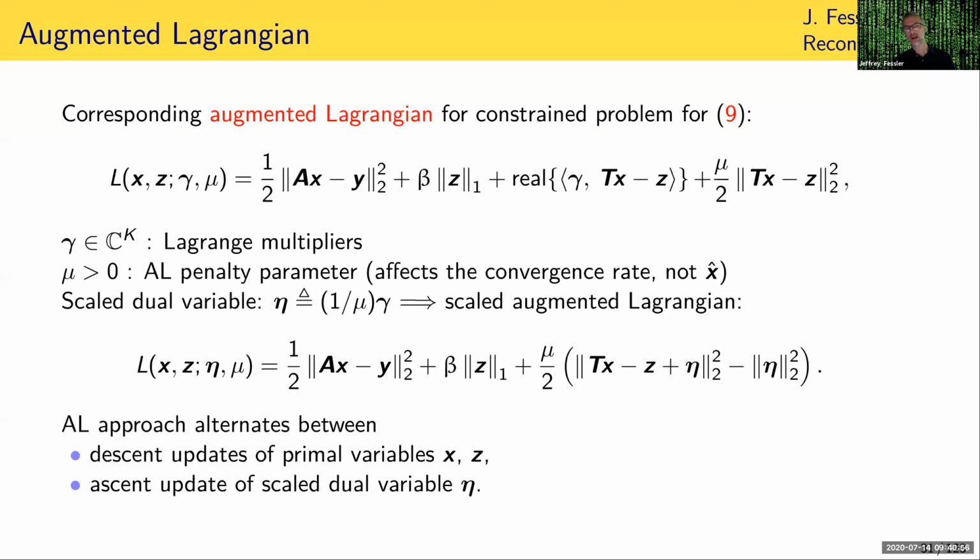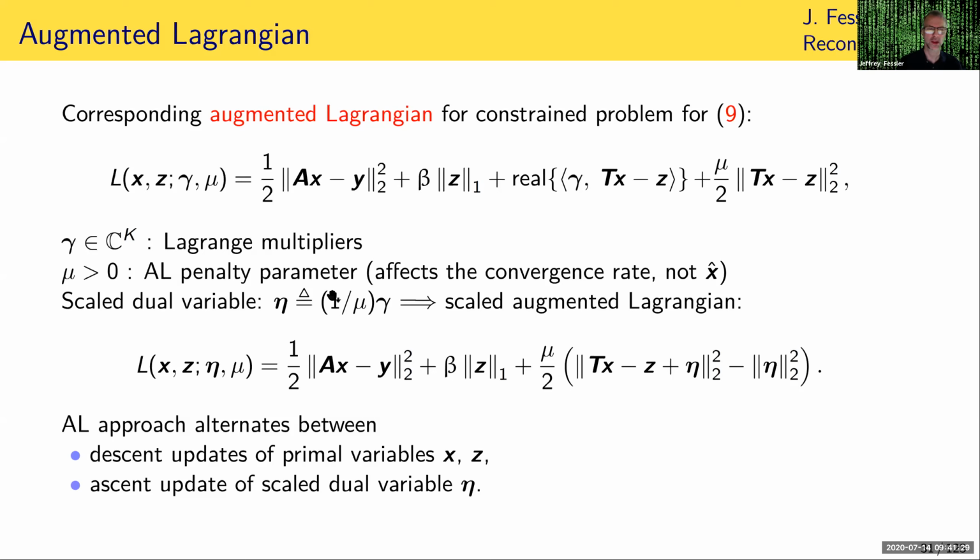If you write down the augmented Lagrangian for this problem, it has your data fit term, the one norm for the sparse coefficients, a term involving Lagrange multipliers, and then the augmented part, a quadratic term involving the difference between Tx and z, which came from the initial constraint that we want in the limit Tx equals z. This parameter mu is called the AL penalty parameter. It affects the convergence rate, but not the final solution x hat.